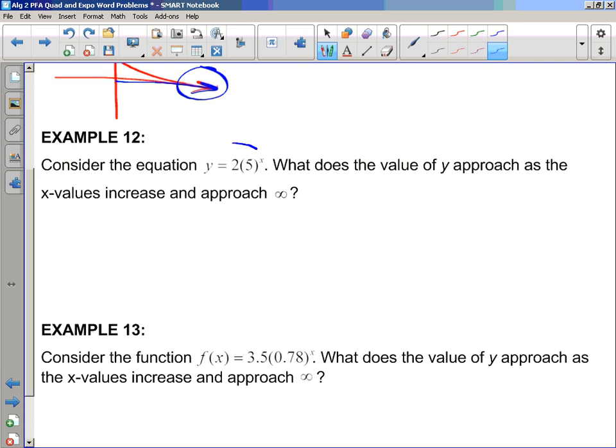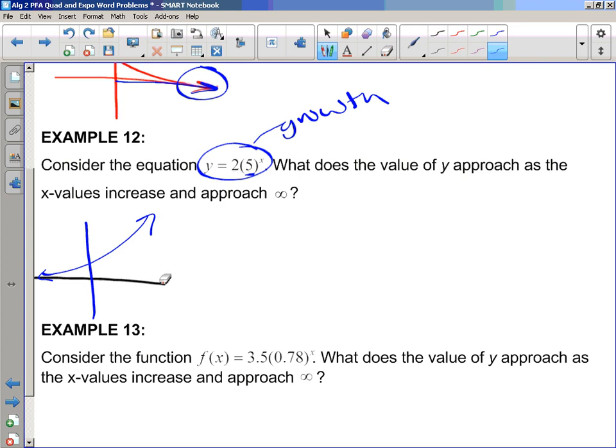Next one. Consider the equation y equals 2 times 5 to the x. What does the value of y approach as the x values increase and approach infinity? So this is growth. Why? Because my base is greater than 1. So here's my generic graph.